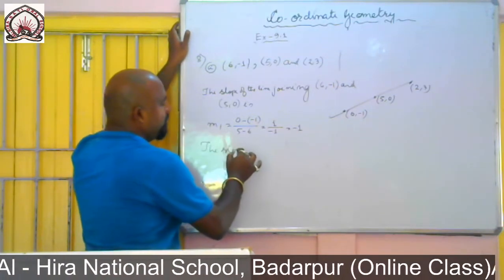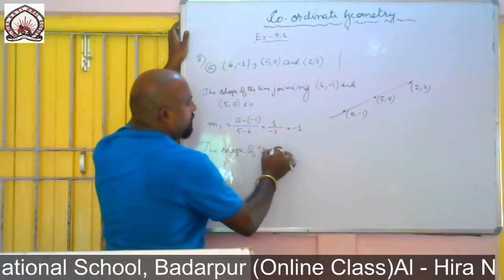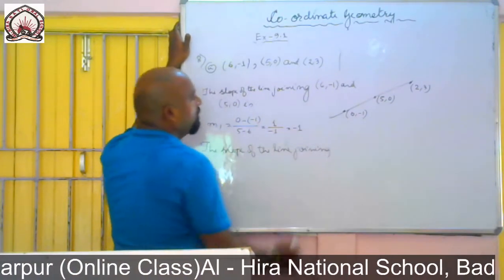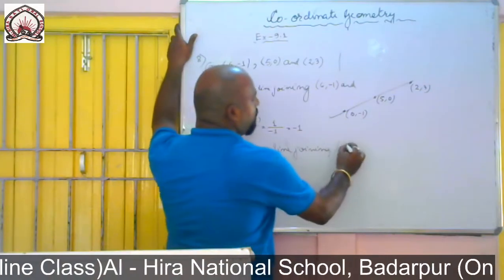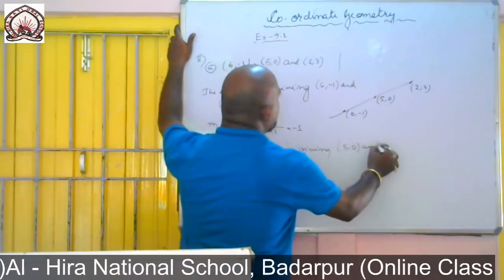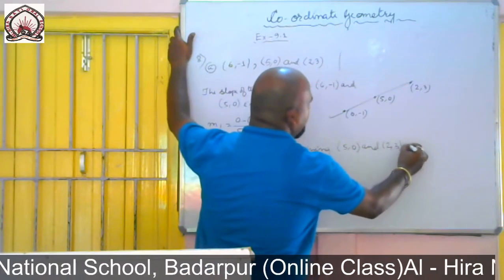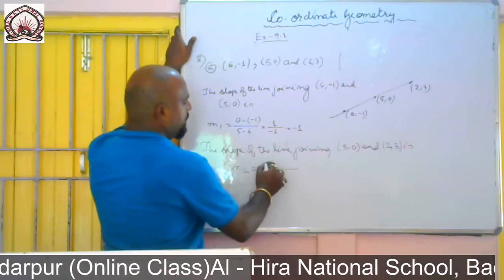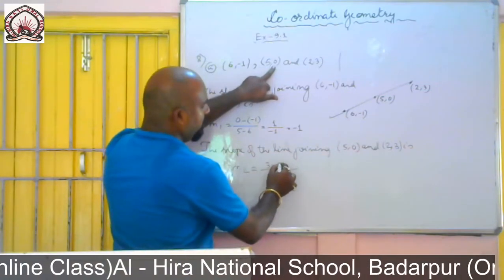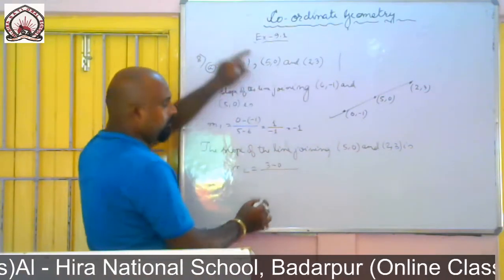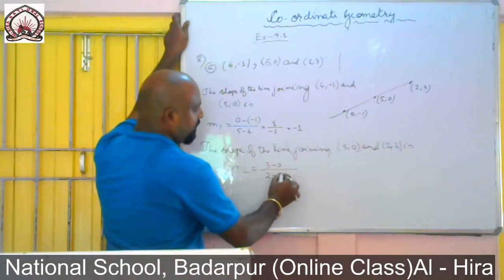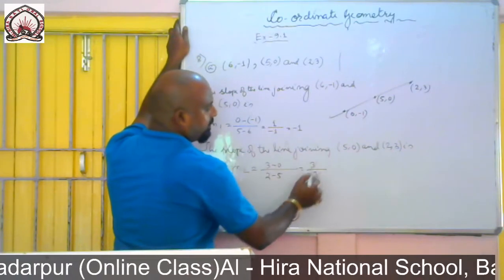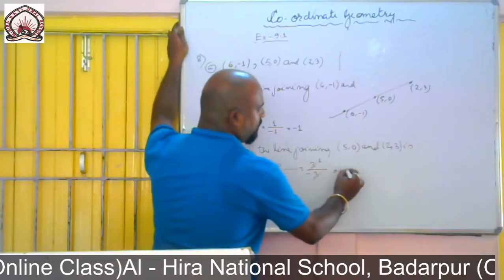The slope of the line joining 5 comma 0 and 2 comma 3, if I consider it m2, is 3 minus 0 by 2 minus 5, which is 3 by minus 3. The 3s cancel, so we are getting 1 by minus 1, equal to minus 1.